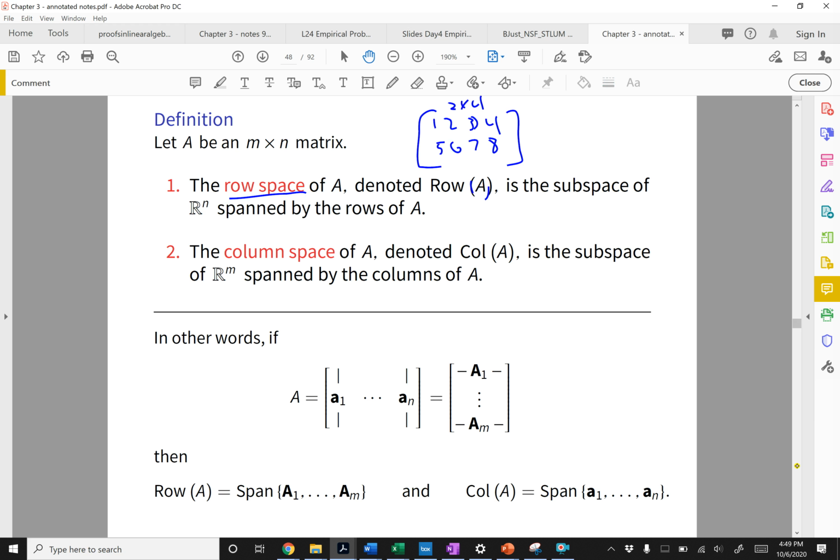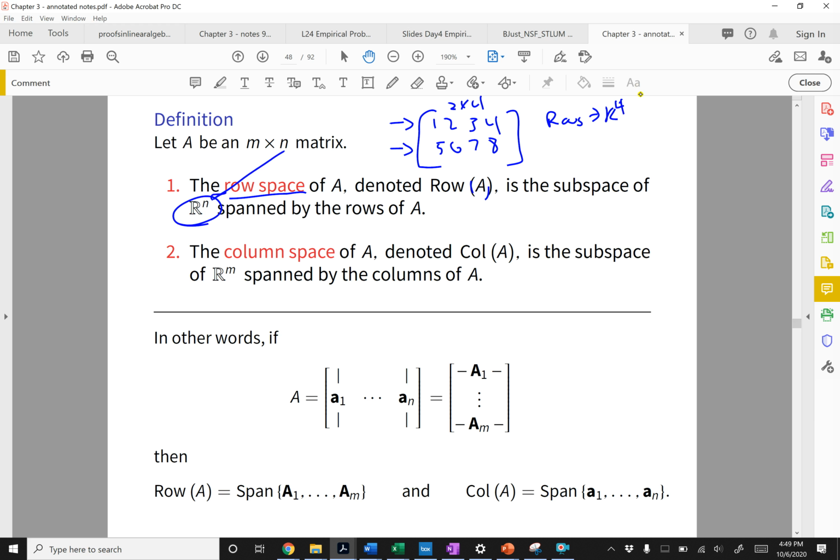If we're thinking of rows, then we're in Rn. I'm sorry, we're in R4, because we have 4 coordinates in each of these rows. Okay, we have two vectors in R4.